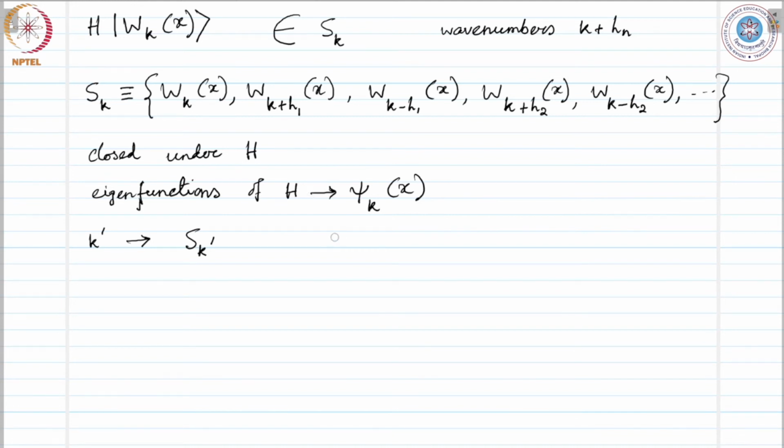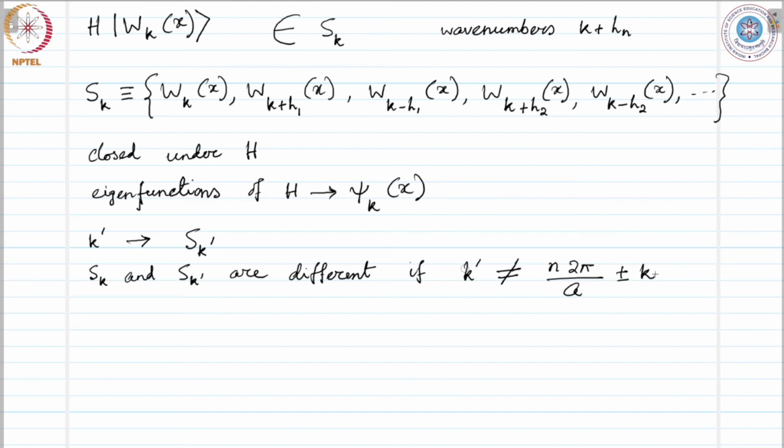So Sk and Sk prime are different if k prime is not equal to n times twice pi over a plus minus k. If this condition holds, then these two subspaces are different.